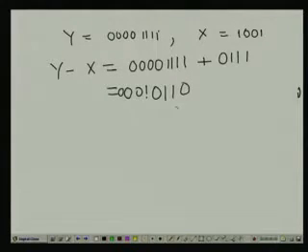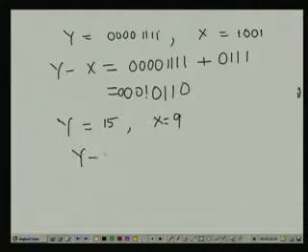So, what will be the value? See, here y was 15, x is 9. Here, what is y minus x?